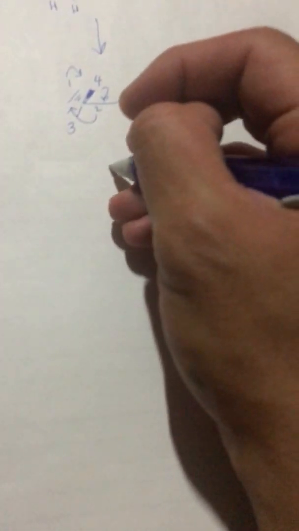So 2 will go over here. 1 will go over here. And 4 will go over here. Okay. So then what we're going to get is 3 is going to stay stagnant, right? Because I'm holding on to that part. 2 moves over here.